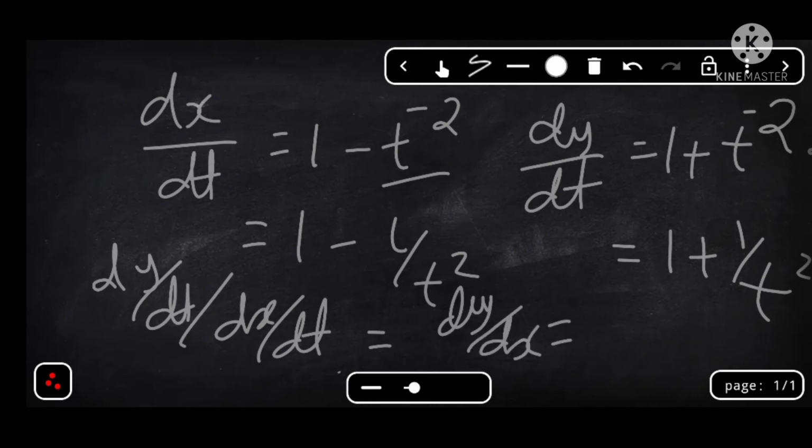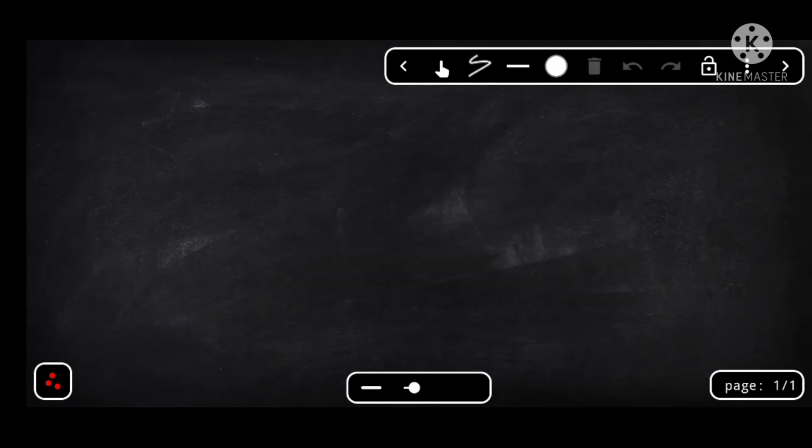So how to write that? dy by dt is 1 plus 1 by t square divided by 1 minus 1 by t square. This thing you can just do the cross multiplication and simplify. So how to do it?